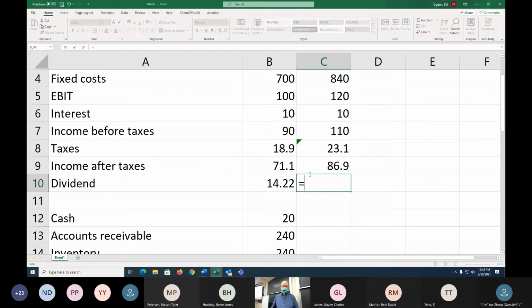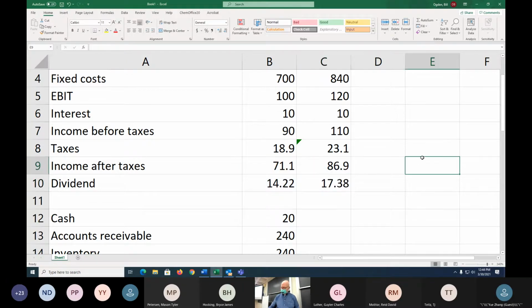So I would say previous year they paid 1422 out of 7110, so they paid out 20%. And so we'll continue to pay 20%. In other words, we're saying 20% times 86.9, and that's the dividend that we'll be paying.